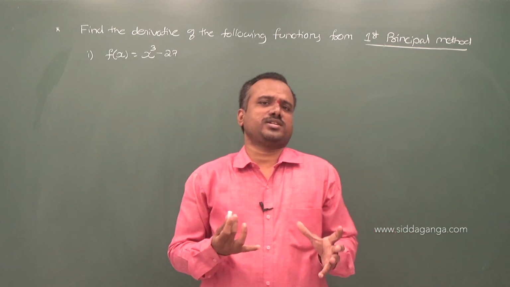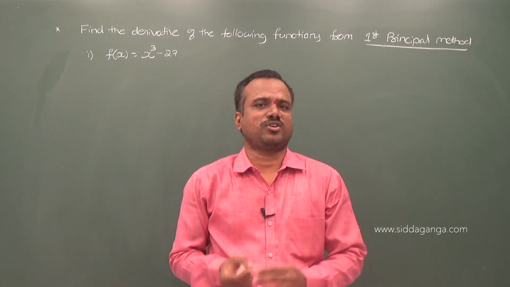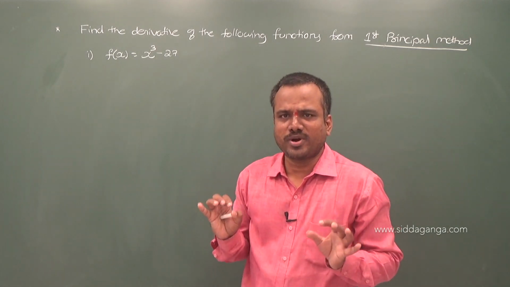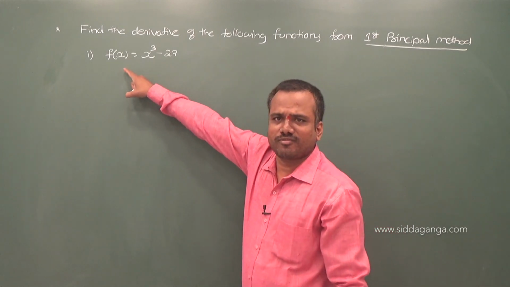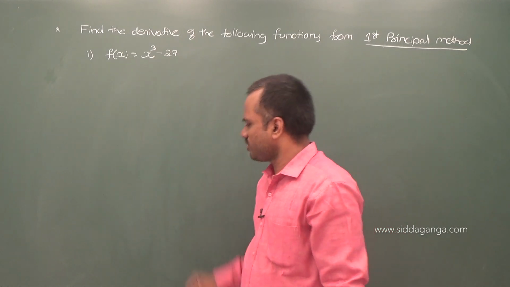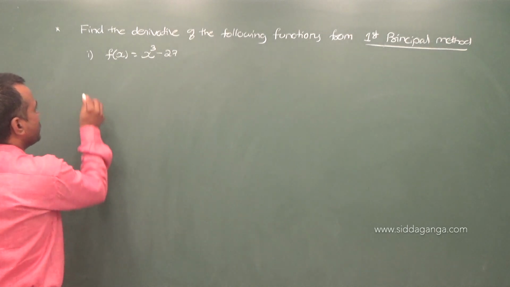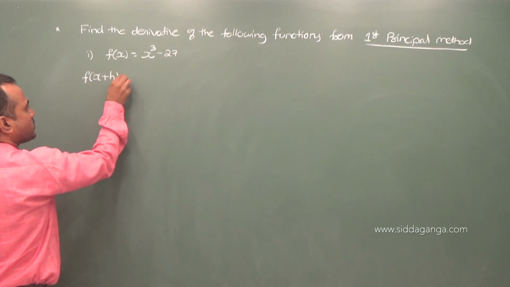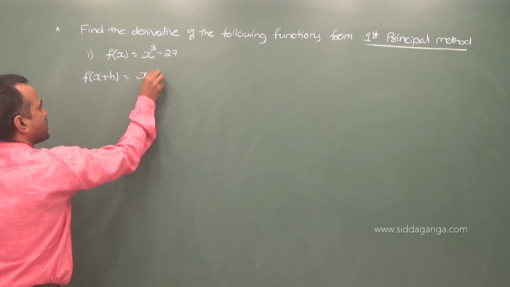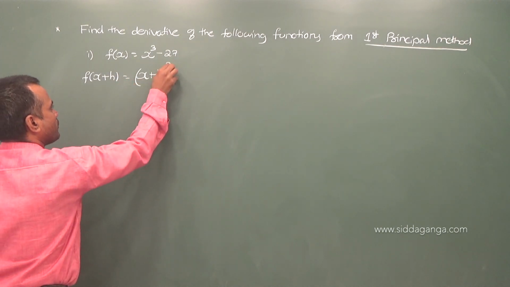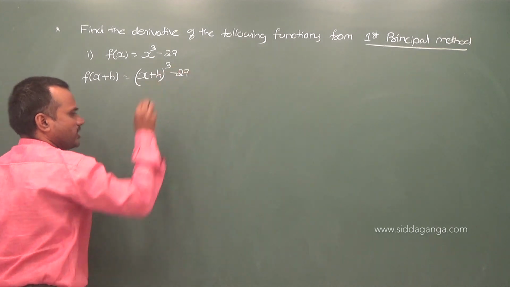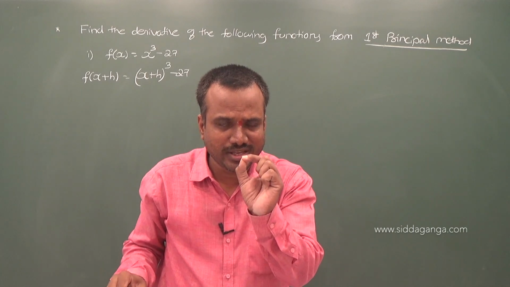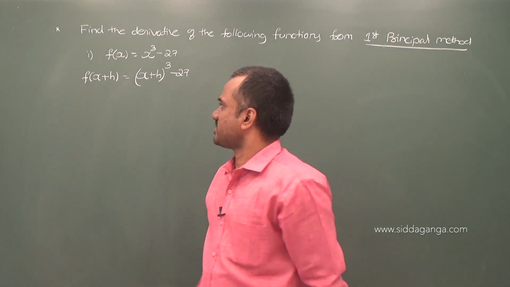What we discussed in the previous classes for the first principle method, the same method we follow. f of x is equal to x cube minus 27. So f of x plus h is x plus h whole cube minus 27. Wherever x is present, in that x we substitute x plus h.